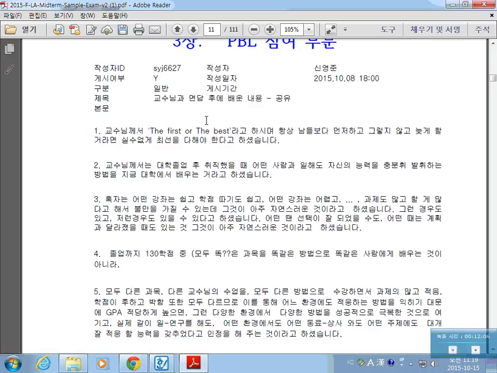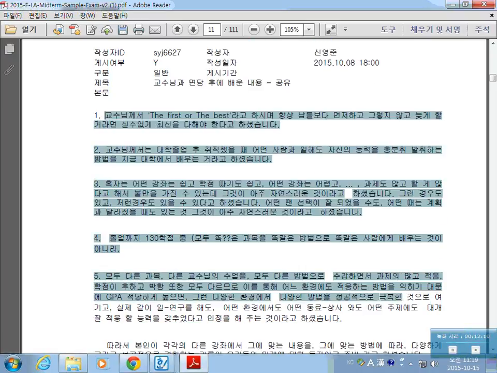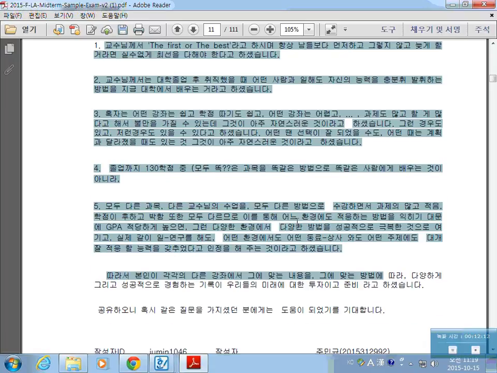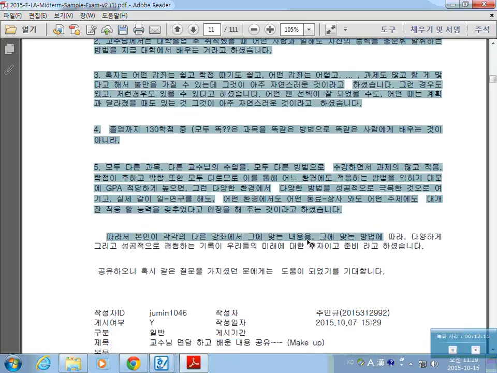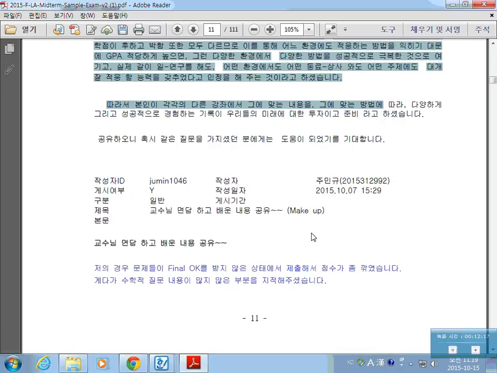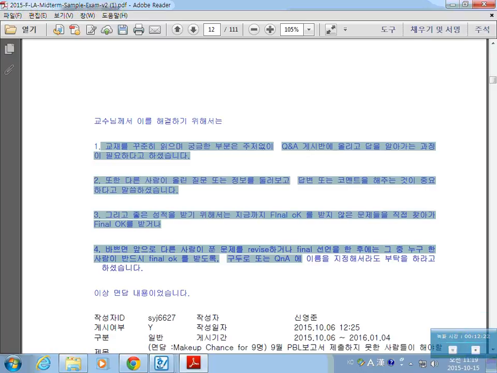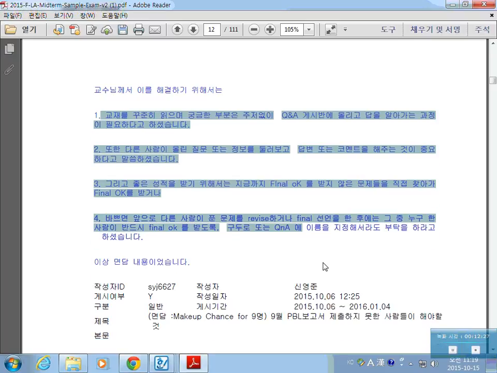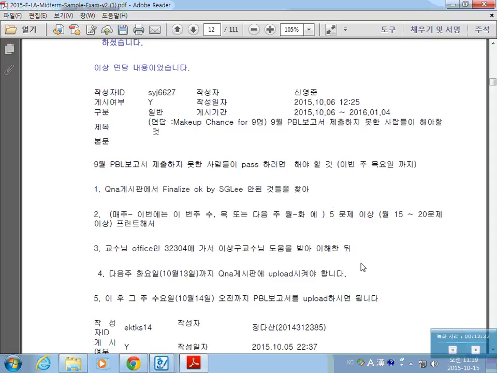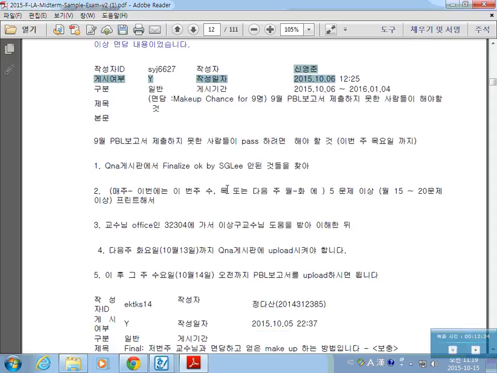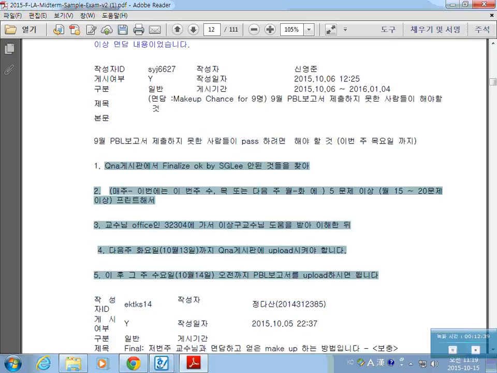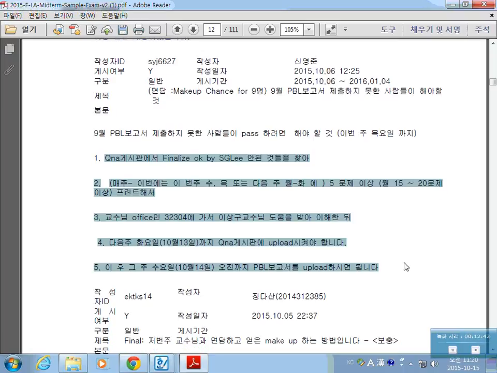Mr. Shin Young-jun added what he learned from the policy that I have asked you, and Mr. Ju Min-gyu also added my intention of this class that he was not clear about before. And Mr. Shin Young-jun also added some information that he likes to share with you.